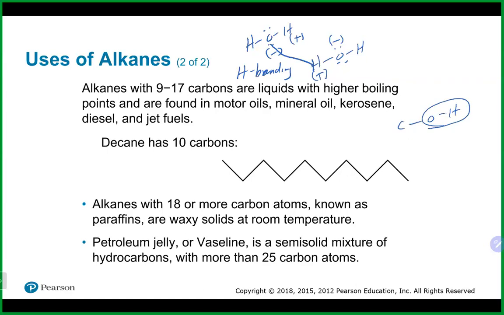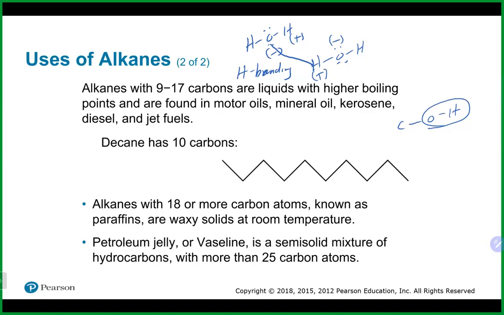So an alcohol actually has a pretty high boiling point in comparison to an alkane, which only uses dispersion forces. So as we substitute out those hydrogens on the alkanes for other compounds or other elements, it does change properties like boiling points and melting points, because of the different types of intermolecular forces that can be used.